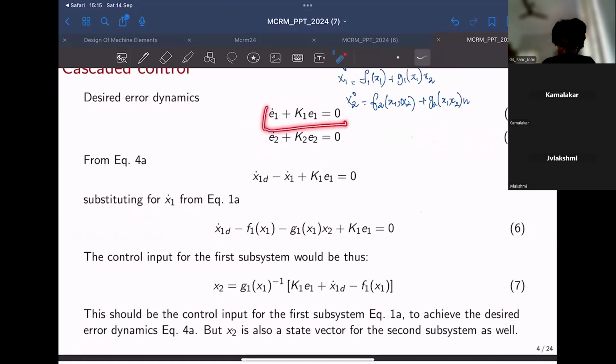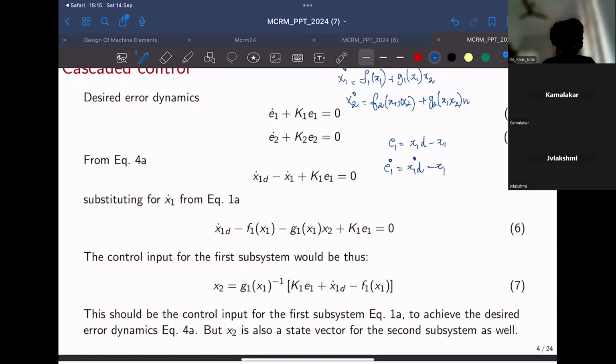So from this equation, I can rearrange this equation like this, right? So we basically know that this E1 is x1 desired minus x1. So E1 dot would be x1 desired dot minus x1 dot.